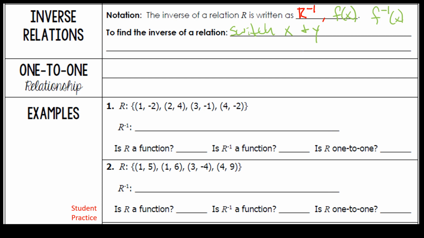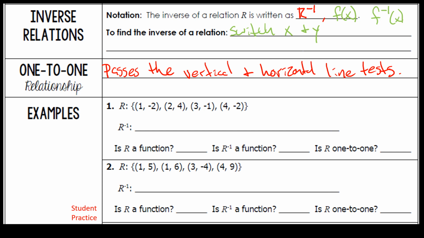So we also discussed one-to-one relations, and when something was one-to-one, it passes the vertical and horizontal line tests, and that's given graphs, right?